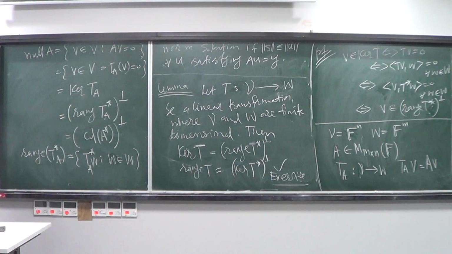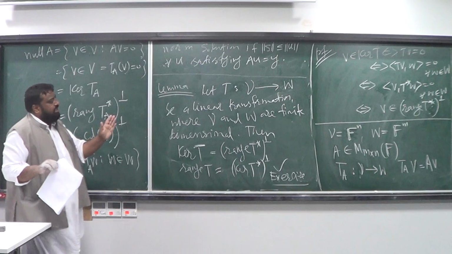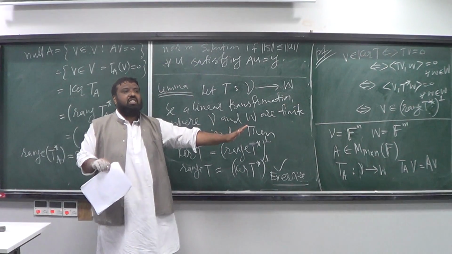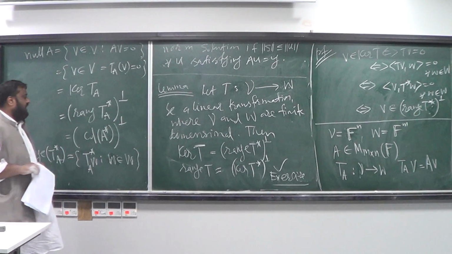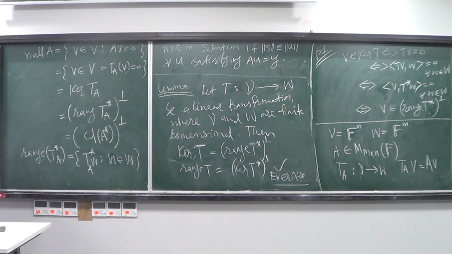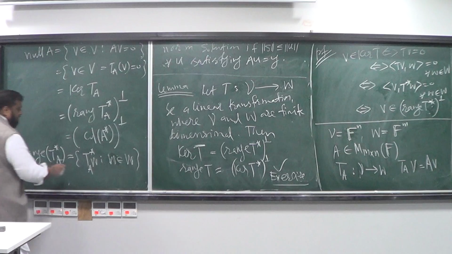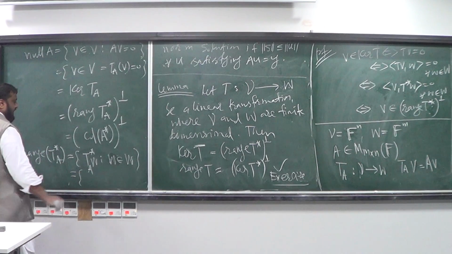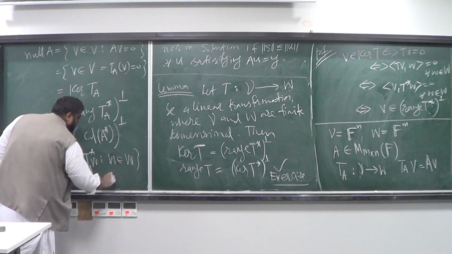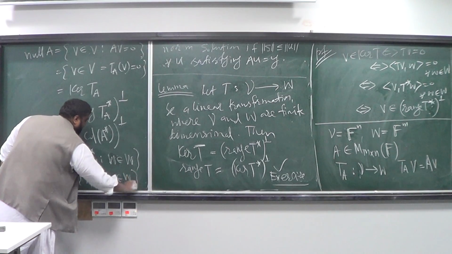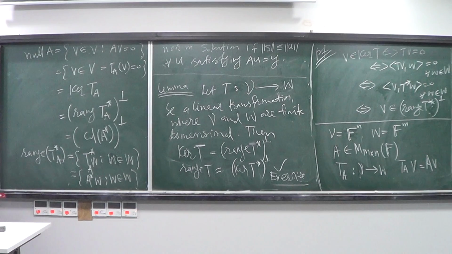Because think about it. If T is a linear transformation from V to W, the adjoint is a linear transformation from W to V actually. So this is what is going to be the range. But this can also be written as A star w, where the w are from W. And this is what really is the column space of A star actually.